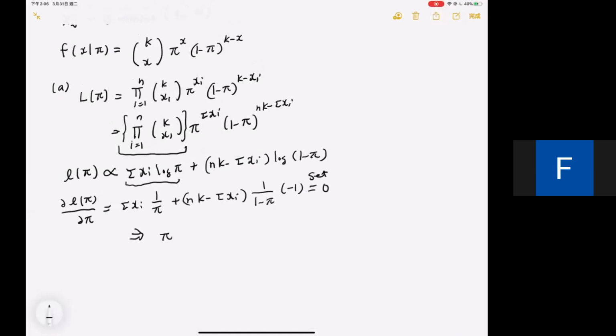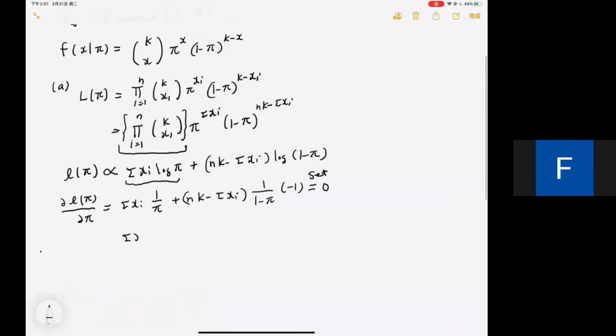Let me just give you the answer. I think you guys can do it, right? You're just solving that. I will multiply by pi times (1 minus pi) on both sides.